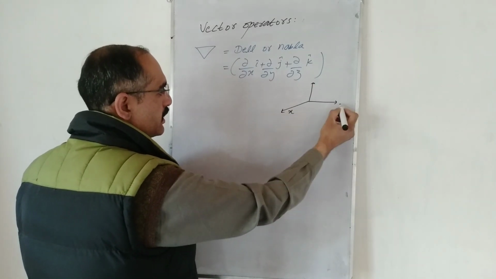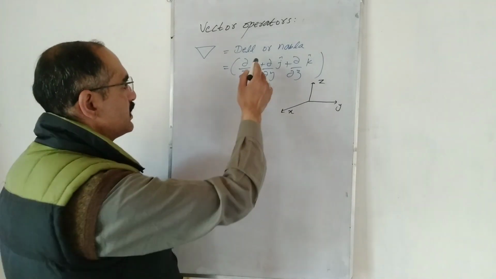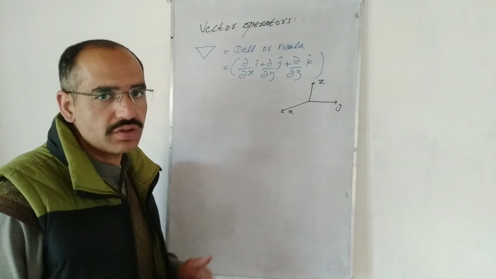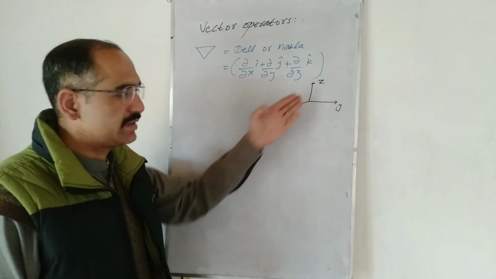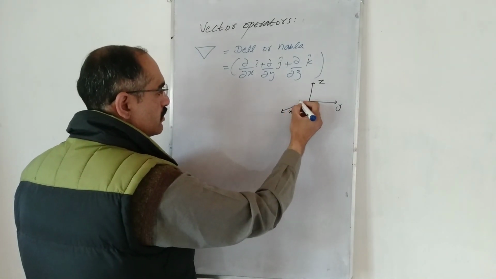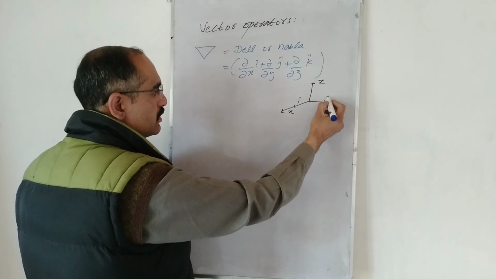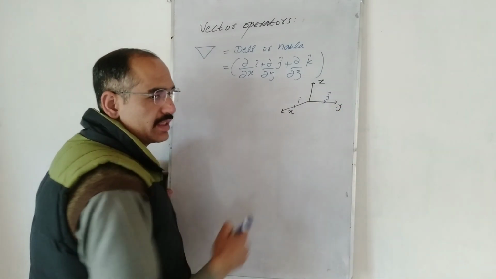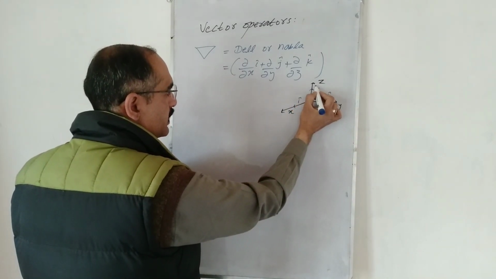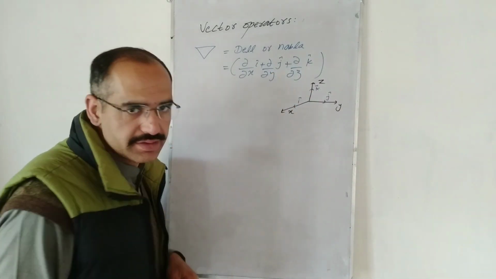This is the x axis, this is the y axis and this is the z axis, and this i cap, j cap, k cap are the unit vectors in the directions of x, y, z respectively. i cap is the unit vector in the direction of the x axis, j cap the unit vector in the direction of the y axis, and k cap the unit vector in the direction of the z axis.